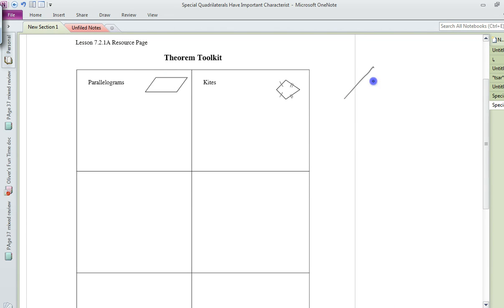And because a kite is created by reflection, we can tell a couple of things.